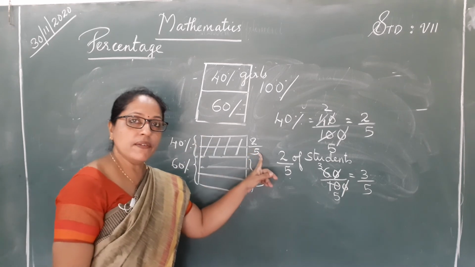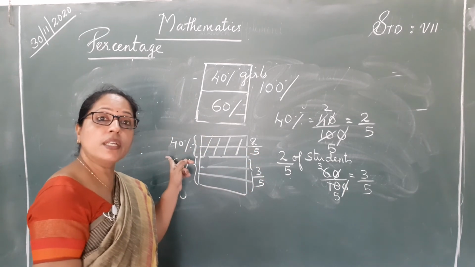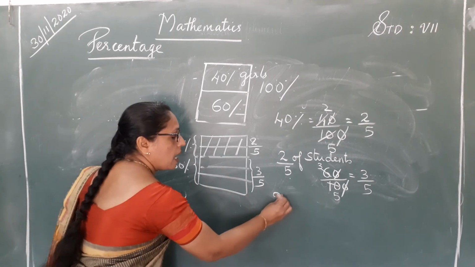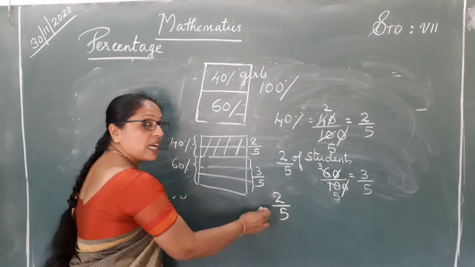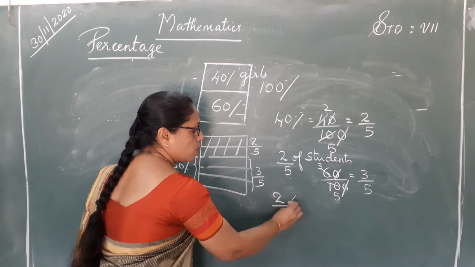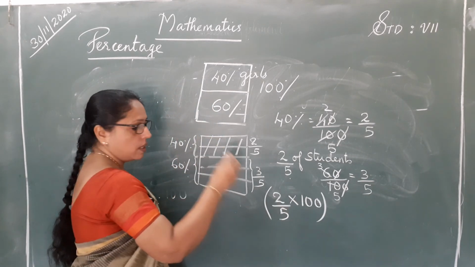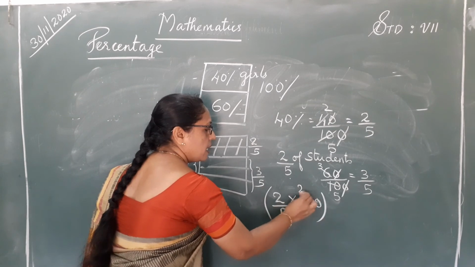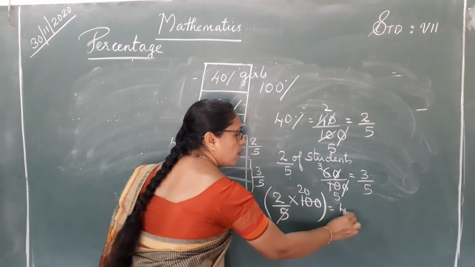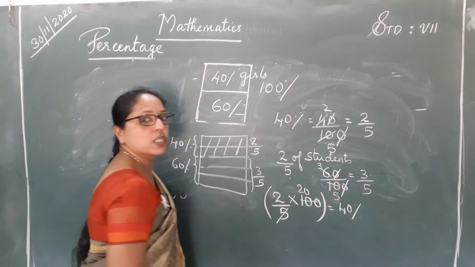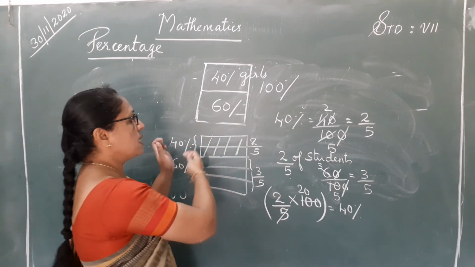When you say 2 by 5, it is nothing but 40%, because you learned how to change fraction to percentage. So 2 by 5 into 100. That's the rule. So 5 into 20 is 100, so 2 into 20, 40%.